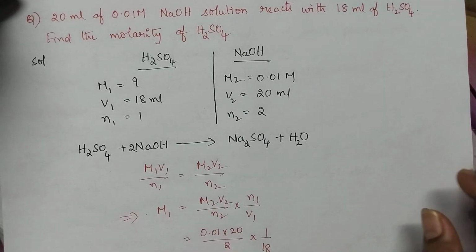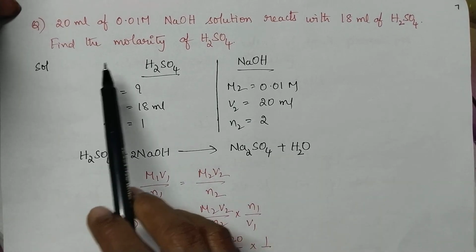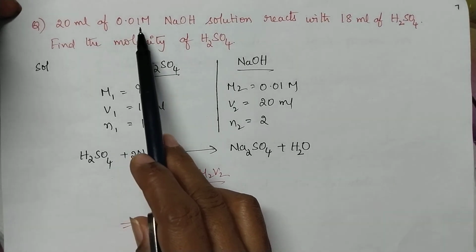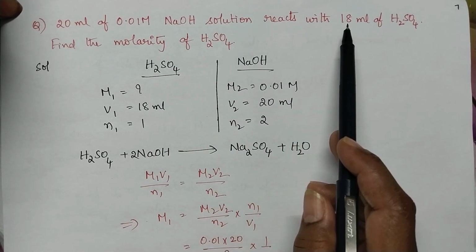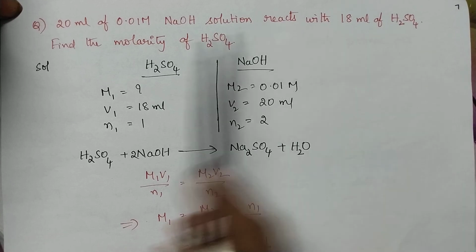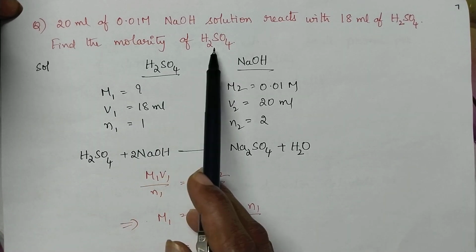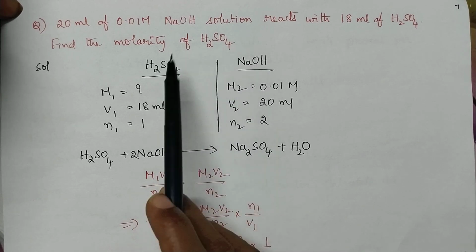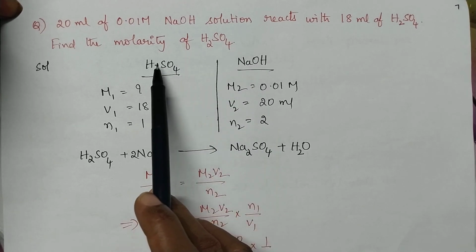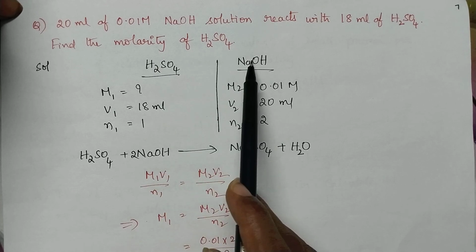Coming to another problem: 20 ml of 0.01 molar NaOH solution reacts with 18 ml of sulfuric acid. Find the molarity of the sulfuric acid. It comes under acid-base titration. Let us consider first the acid followed by the base.